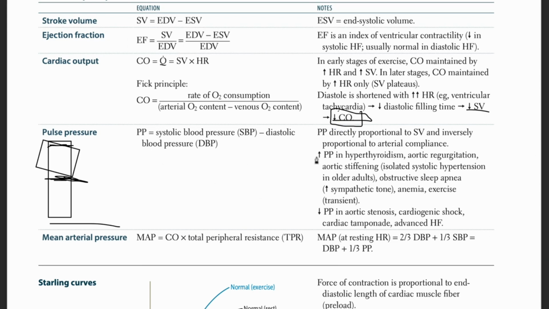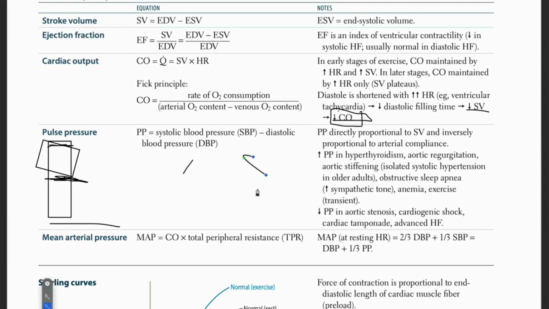So increase in pulse pressure occurs in hyperthyroidism, aortic regurgitation, aortic stiffening, isolated systolic hypertension in older adults, obstructive sleep apnea, increase in sympathetic tone, anemia, and exercise, which is transient. So pulse pressure increases between these two, because diastolic is going to be decreased, preload will decrease, but heart rate and contractility increase.